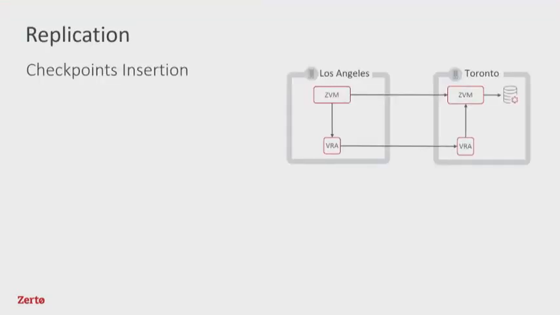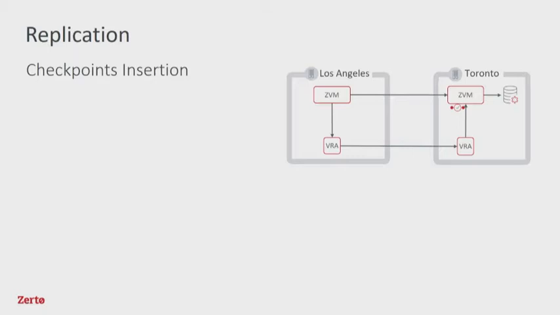Let's talk about what happens in steady state when we do not operate. So we know that the ZVM inserts checkpoints into the journals of your production volumes.